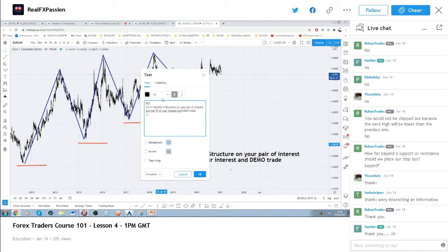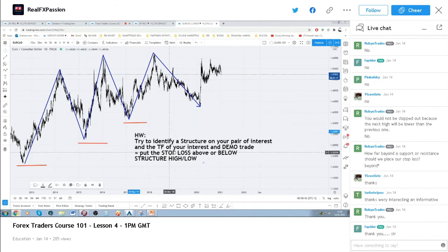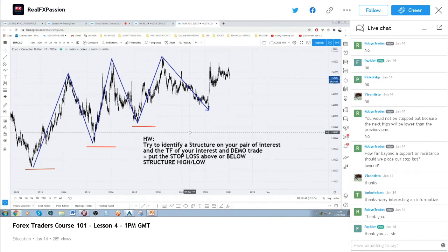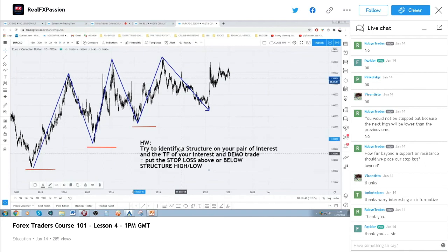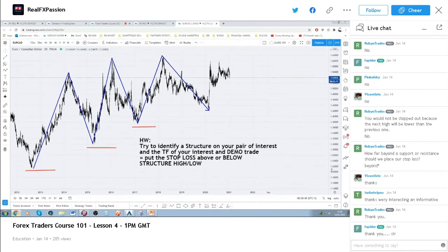Okay, what do we mean by demo trade? Put the stop loss above or below the structure high or low, in an uptrend, up structure. Okay, Passion, what about profit take? We are talking about the stop loss first, okay? Profit taking is not relevant right now.